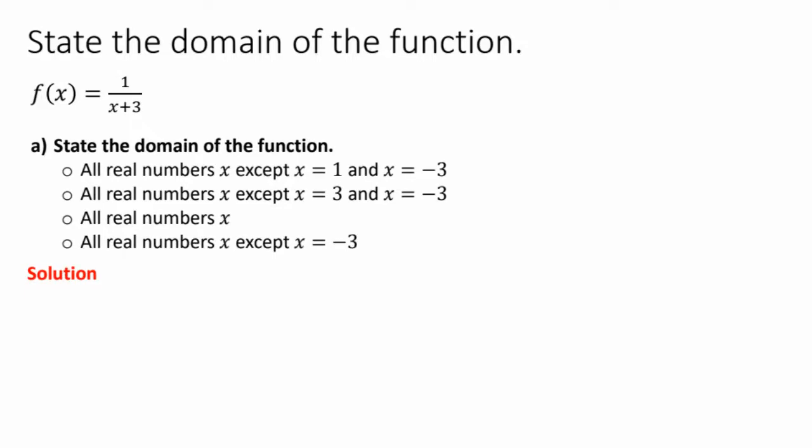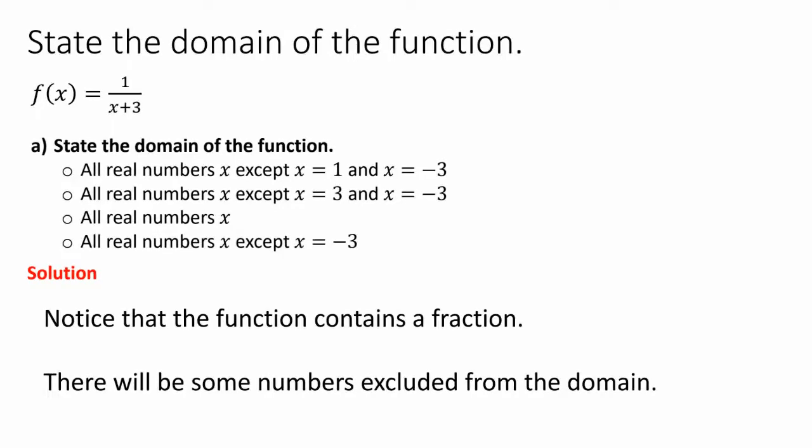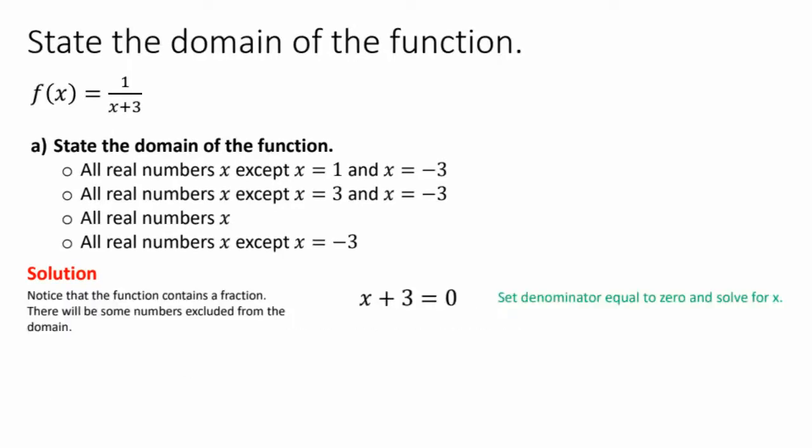Hopefully we can see that if we put -3 for x, -3 plus 3 will give us 0. Hence, if we try to put this in our calculator, it's going to give us an error, right? This is undefined. So the domain, the restriction for this function, is all real numbers except for x equals -3. So the solution would be that last one, right? And we will circle this.